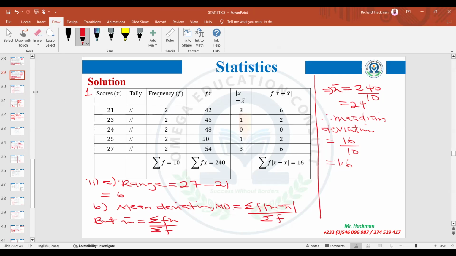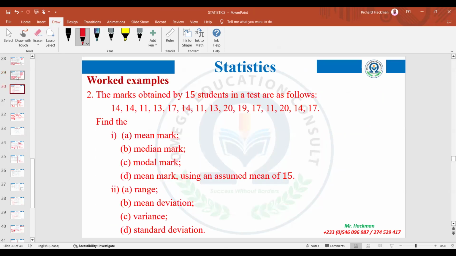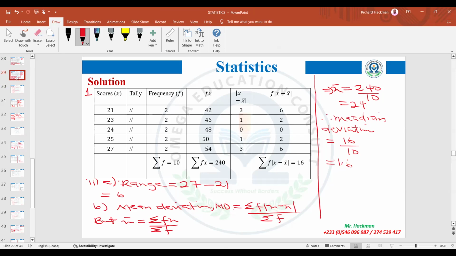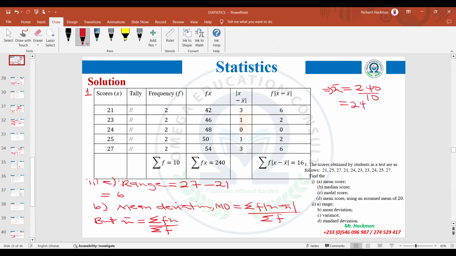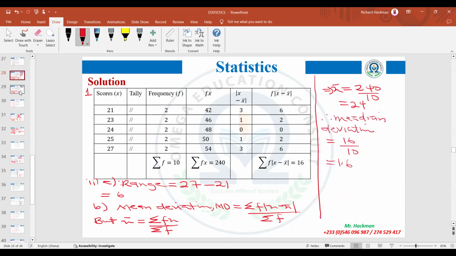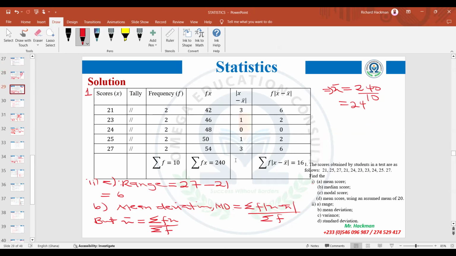So let's move on to the next one, which will be this. Oops, that is not the next one. I rather did the solution on this one, so this one should rather go up. Yes, this is the one that I need here.